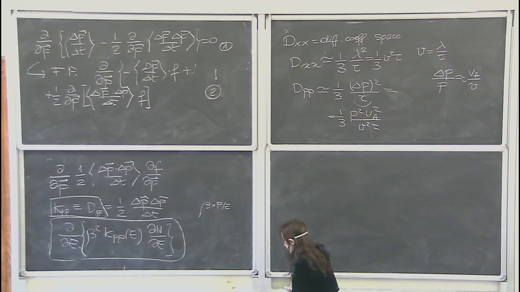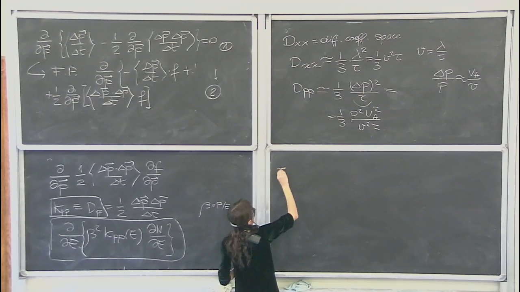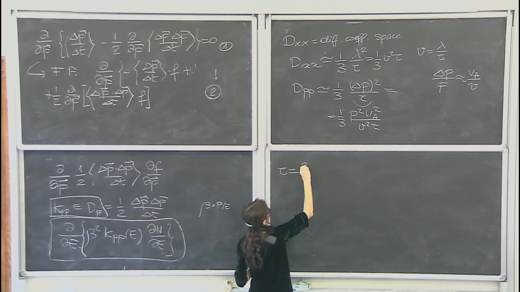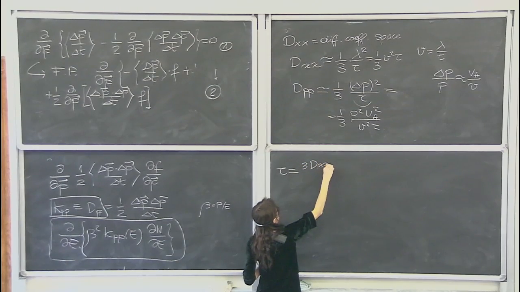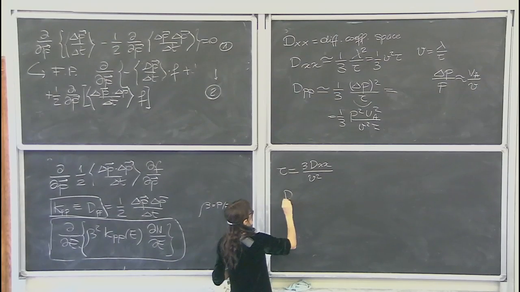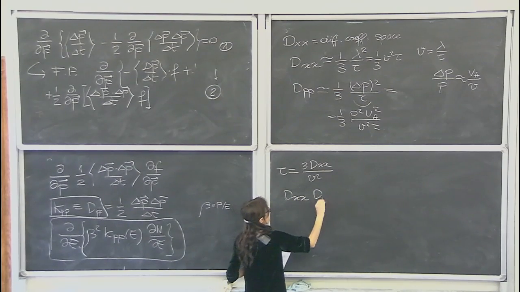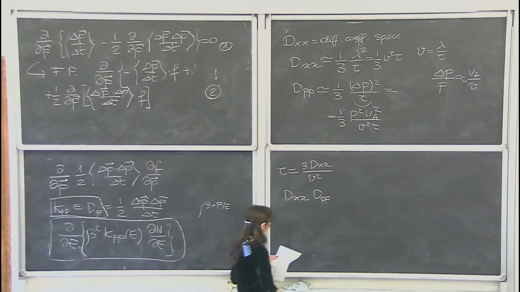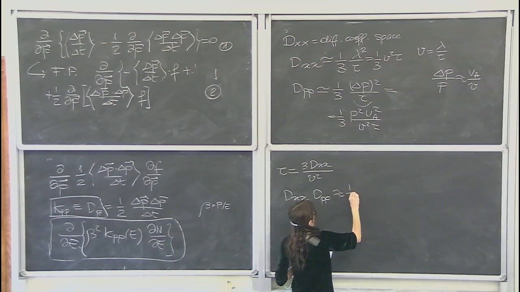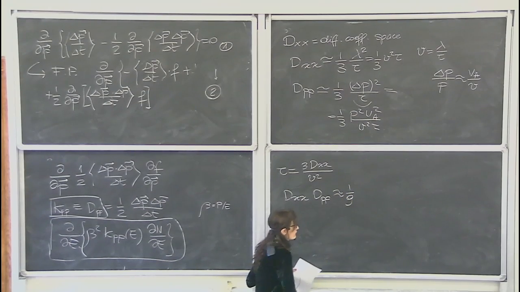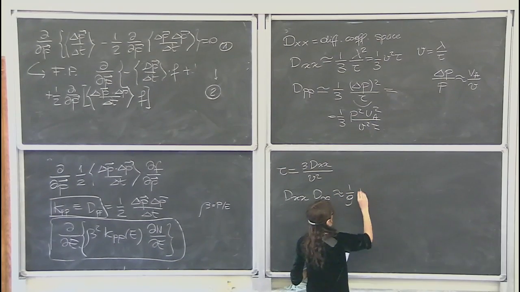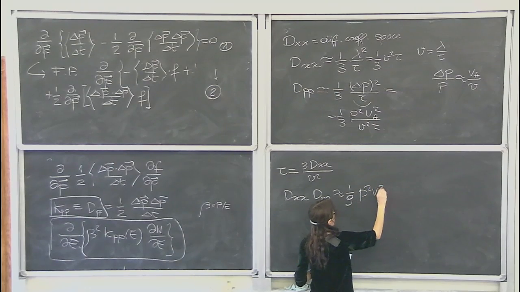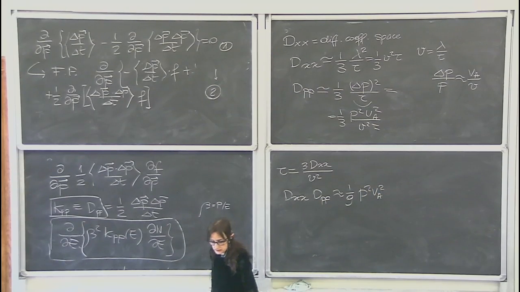And then you can write tau in terms of the diffusion coefficient in space, and that brings you to the connection between the diffusion in space and the diffusion in energy coefficients. And this is approximately V, a coefficient p squared alpha and velocity squared.